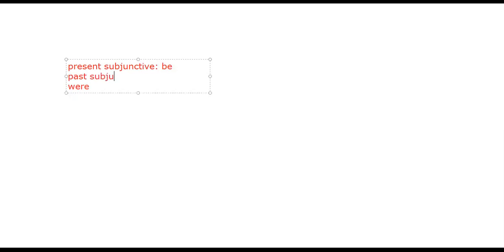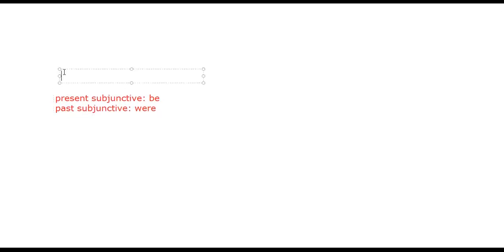The past subjunctive is were. And this is for the verb to be. So remember, you have to take the to out, and then that's your present subjunctive. And for were, it's just the third person plural. So you would say they were. So take the same form as they, and then you have were.